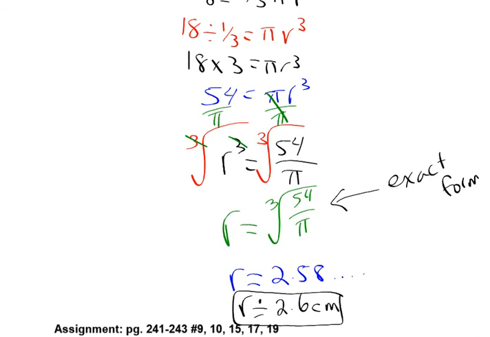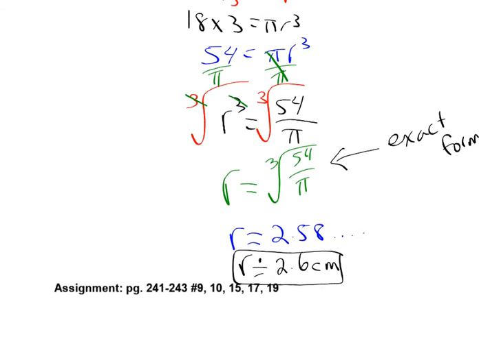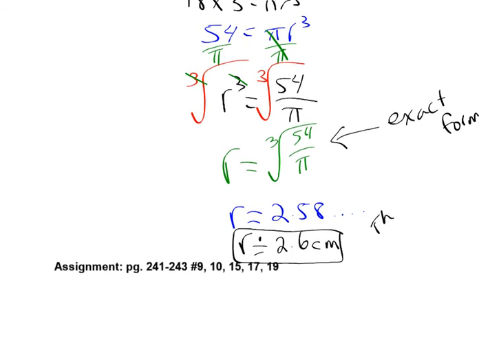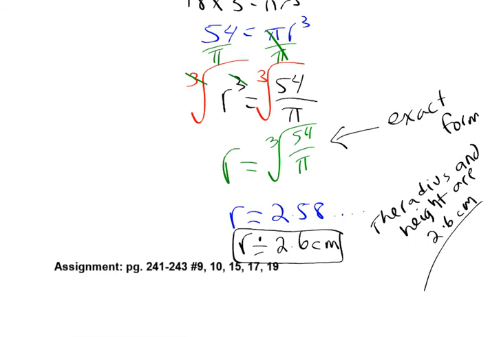And a written question should have a written answer. The radius is 2.6, but what about the height? It's also 2.6. The radius and height are 2.6 centimeters. Done deal.